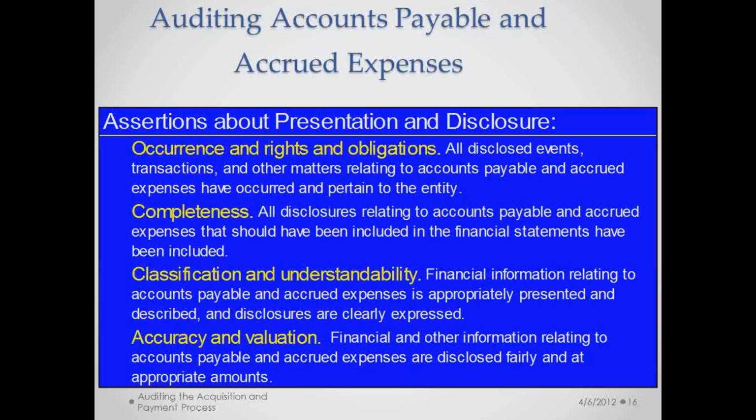And then finally, you have your assertions about presentation and disclosure: occurrence, rights and obligations, completeness, classification and understandability, and then accuracy and valuation. So you want to make sure that all disclosures are appropriate, that accounts are presented in the financial statements correctly.